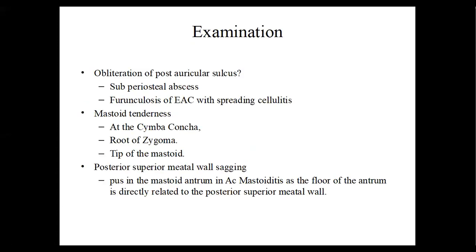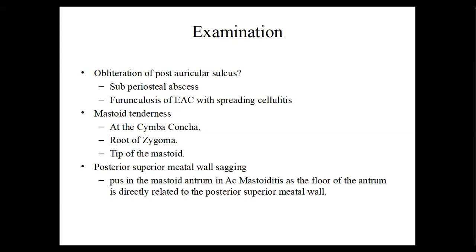So the moment you say there is postauricular sulcus obliteration, they'll ask you what the differential diagnoses are. That is subperiosteal abscess and furunculosis of the external canal, which are going for developing spreading cellulitis. So in both conditions, there will be postauricular sulcus obliteration. So that is the time you should rule out. How will you differentiate if there is a postauricular fullness because of the abscess, because of mastoiditis, or because of furunculosis?